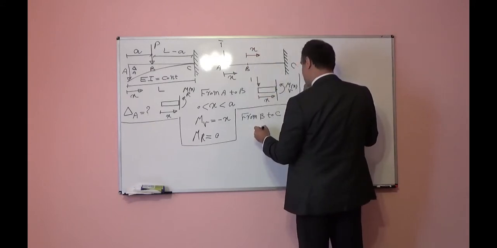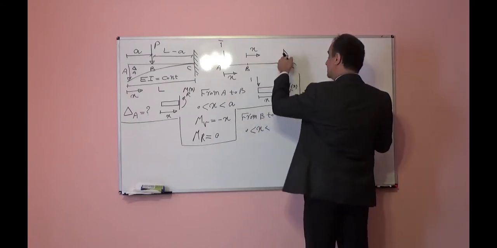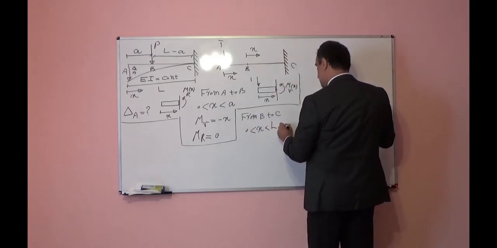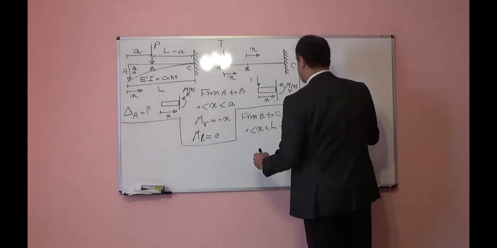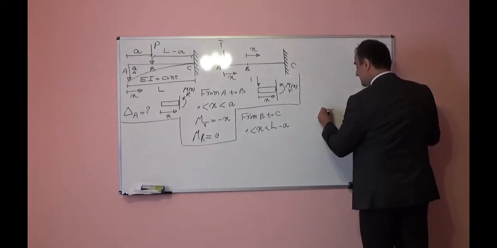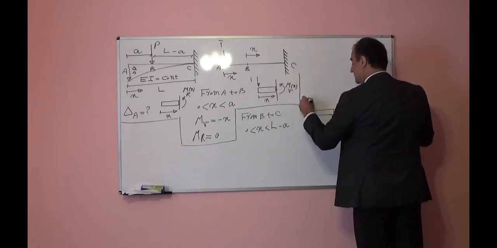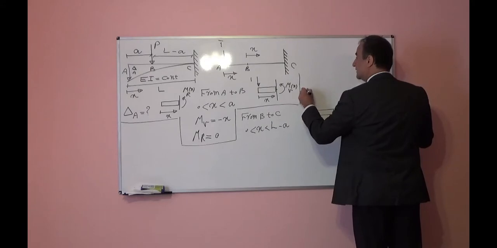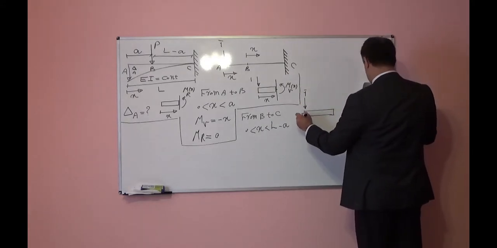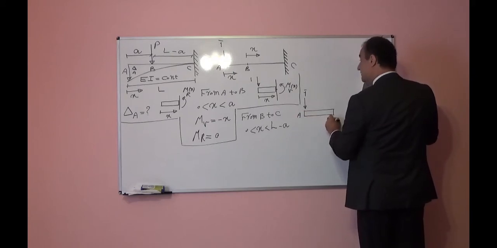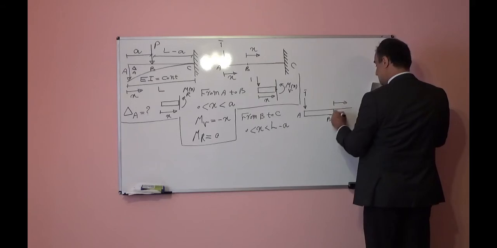So x will vary from 0 to maximum L minus a. In this case, if I look at the free body diagram under virtual load, what I have, this is point A, point B, and I measure x from here.